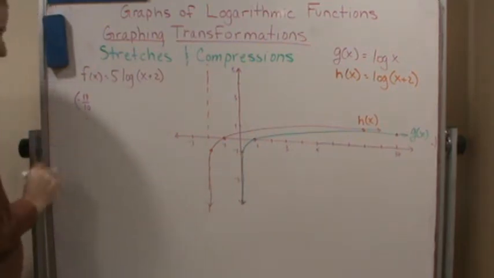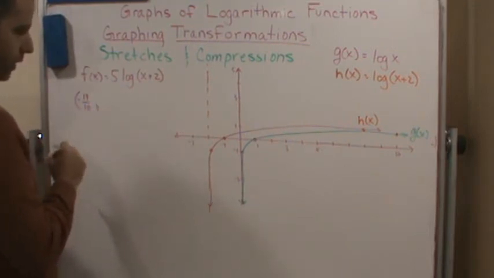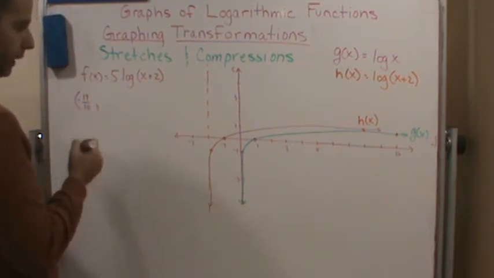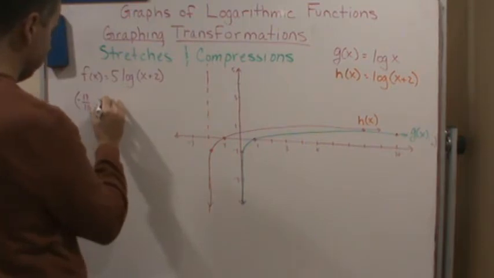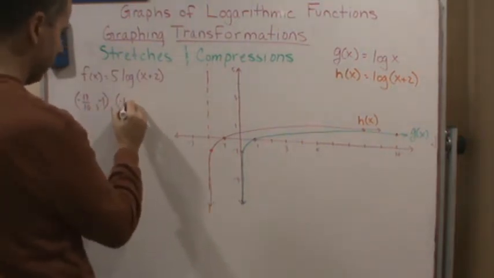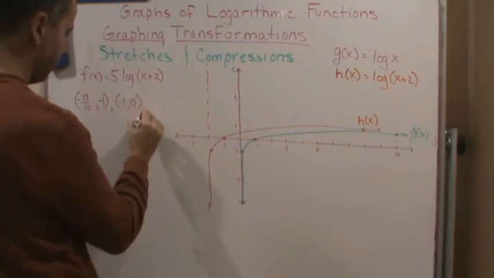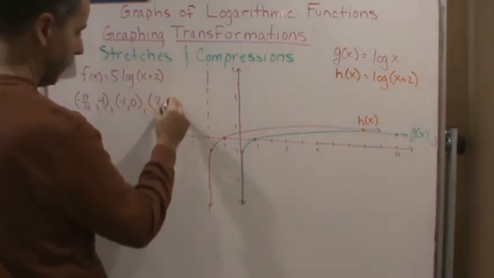I wrote it as an improper fraction for a reason. It'll be easier to work with as far as multiplication, for me anyway. So that's 1 point. And then the other point is going to be -1, 0. And the third point is 8, 1.